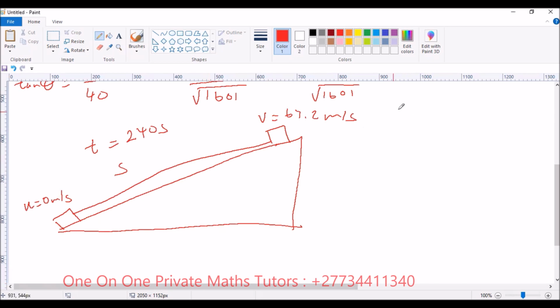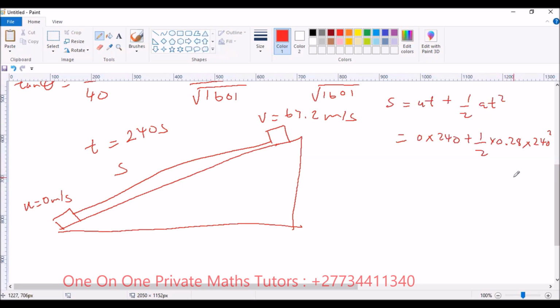Okay, so now we can say s is equal to ut plus a half at squared, which is 0 times 240 plus half times our acceleration 0.28 times our time, 240 squared.